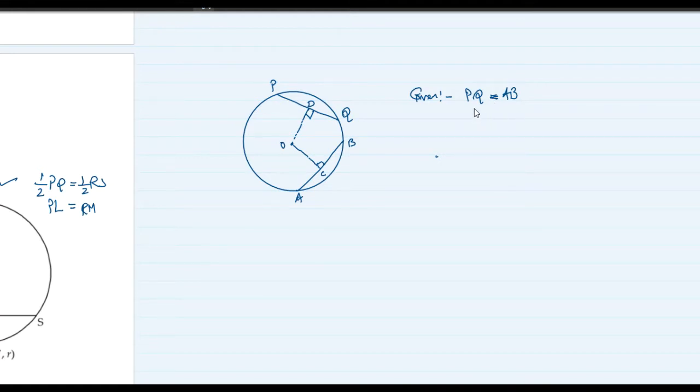Here OD is perpendicular to PQ and OC is perpendicular to AB. We have to prove, hey, this is the construction, okay?